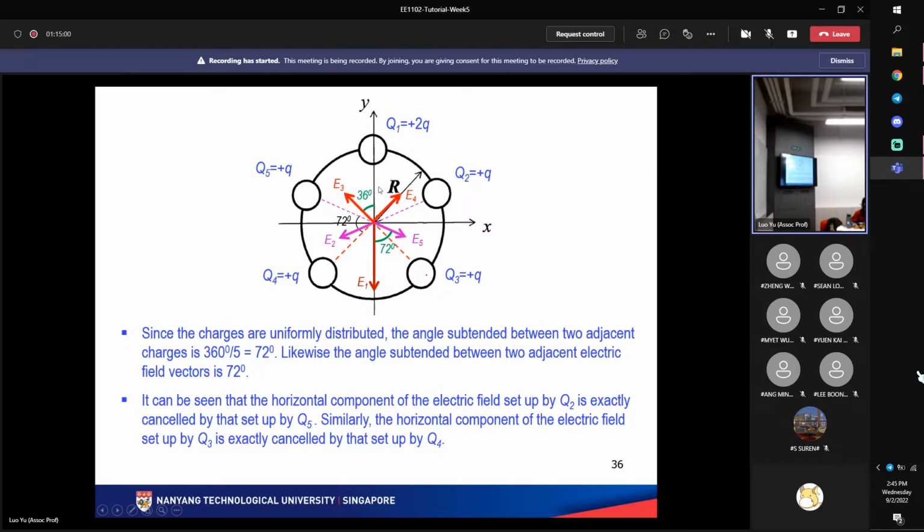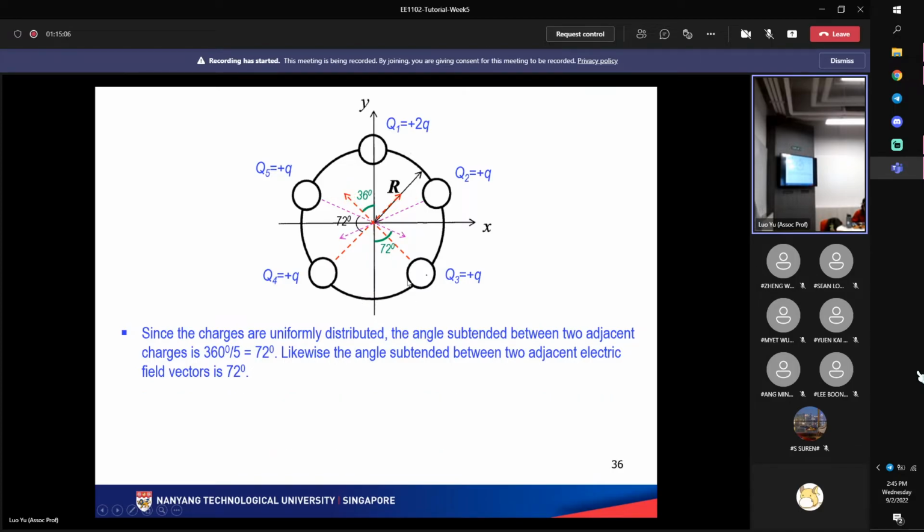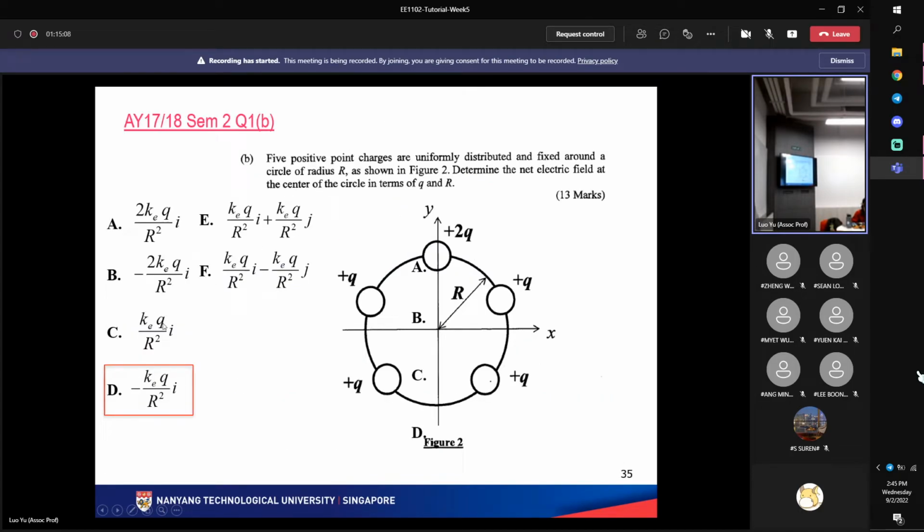So they try to decrease E1, so we should get a magnitude that is smaller than 2kQ over R squared, but it is still negative. So only D.